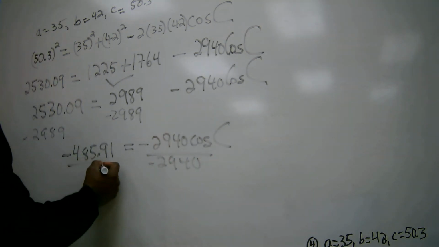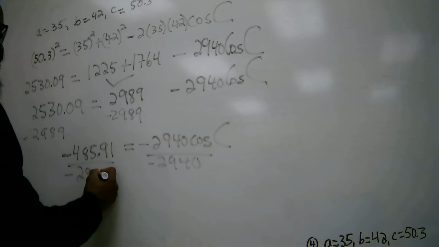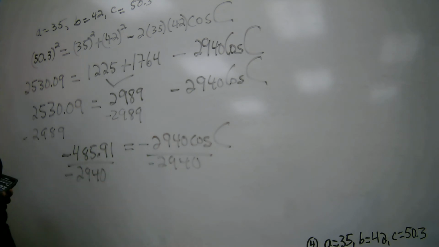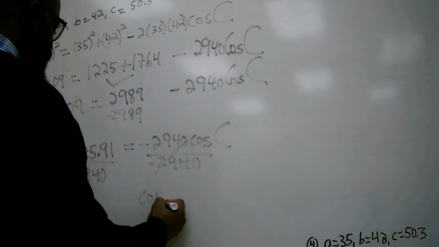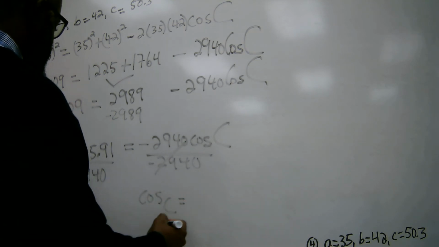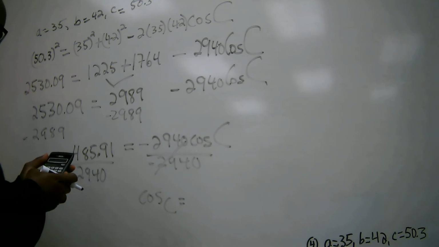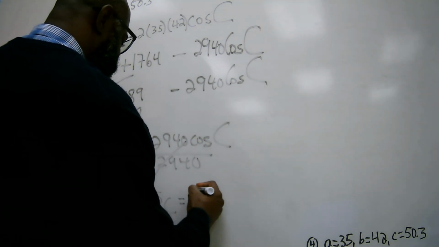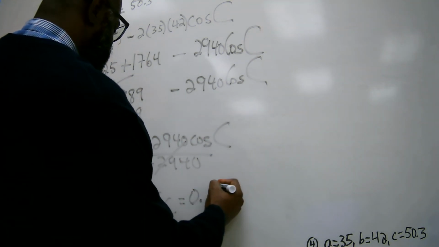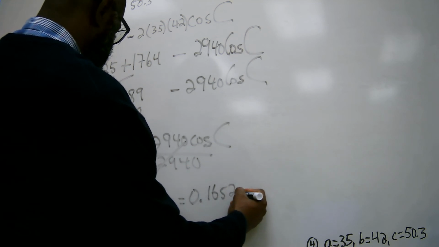As you can see, when you divide two negatives, it becomes positive. Right? This cancels, then you will have cos C is equal to 485.91 divided by 2940 but negative. That's going to give me 0.1652.